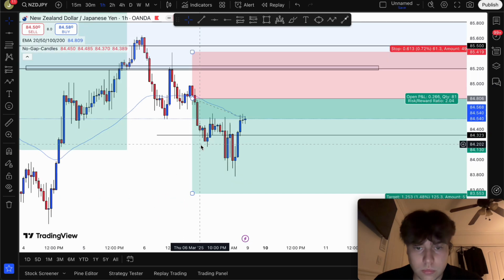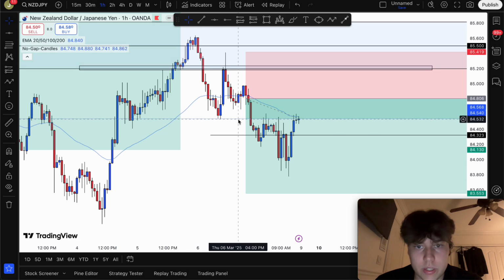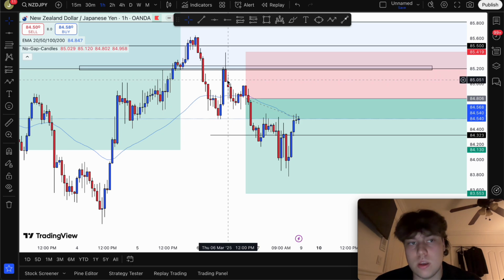So if you look at it in the 1 hour, when I took this trade, we had shifted structure. We had a pullback. We could have gone in here, but it was out of session. It was around like 12 p.m. That's out of session. So usually I'll trade pre-London session, pre-New York, or New York.